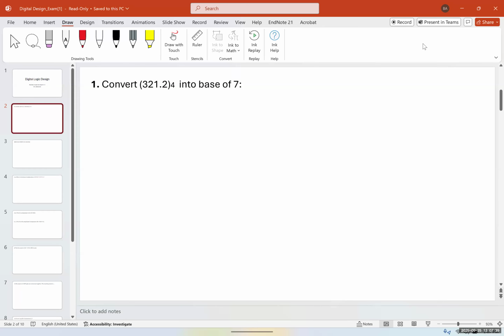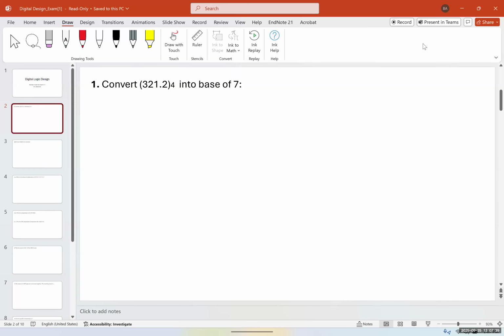Now we have to convert 57.5 to the base of 7. To do that, we would divide 57 by 7. It's going to be 8, and the remainder would be equal to 1.